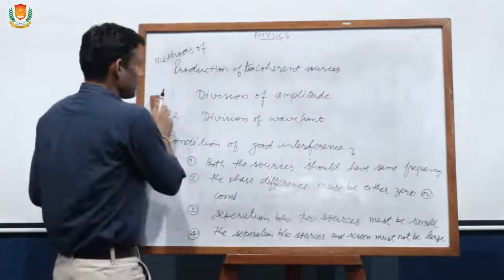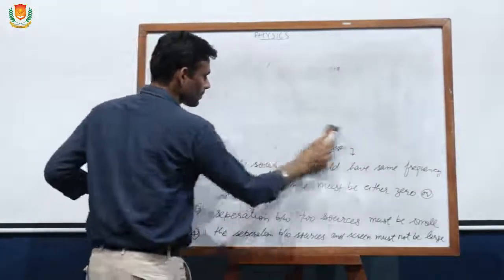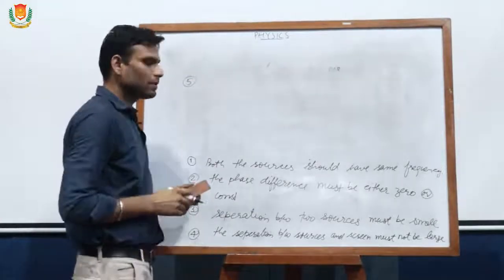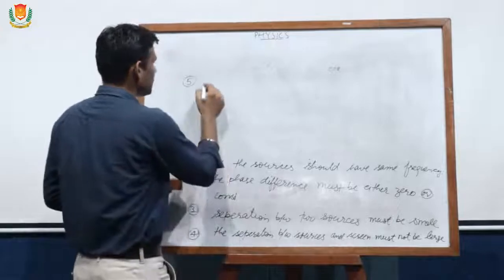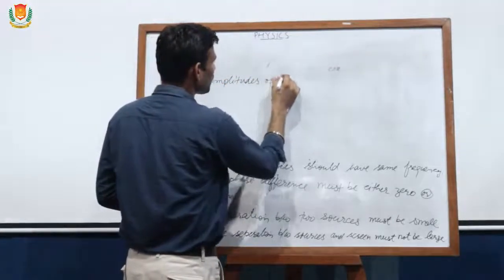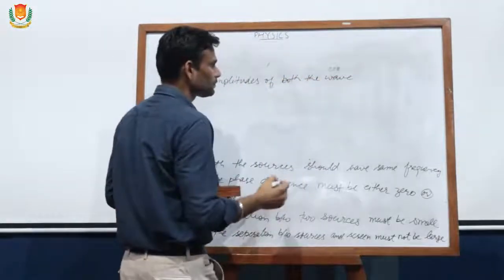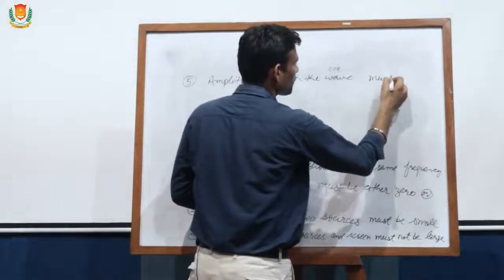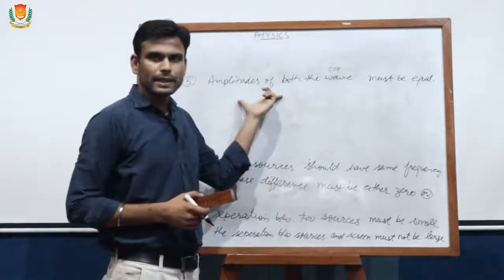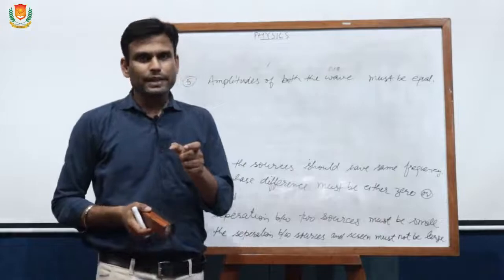Also, for sharp maxima and minima, the amplitudes of both the waves must be equal. What will happen if the amplitudes are not the same? We will not get complete darkness at the place of minima.